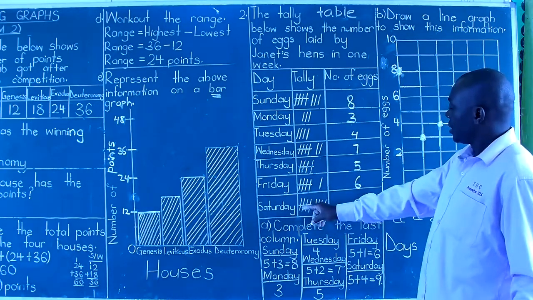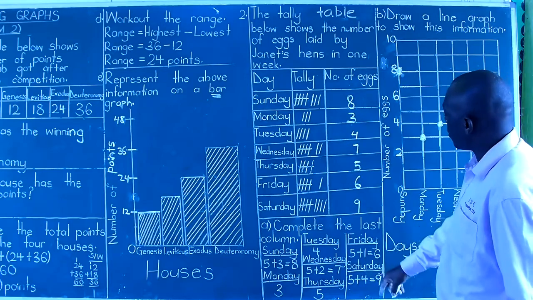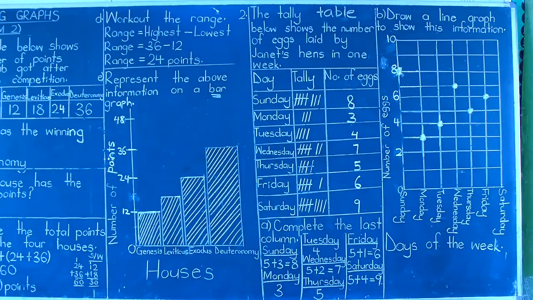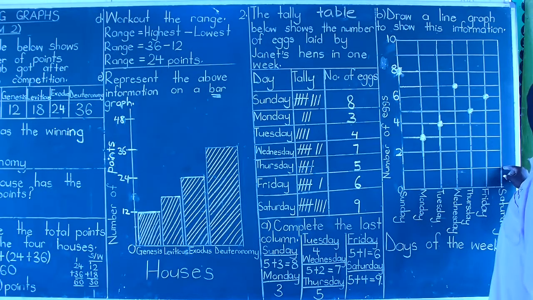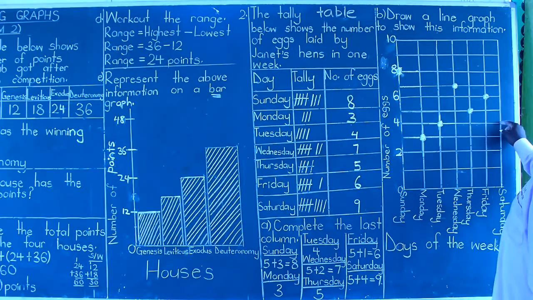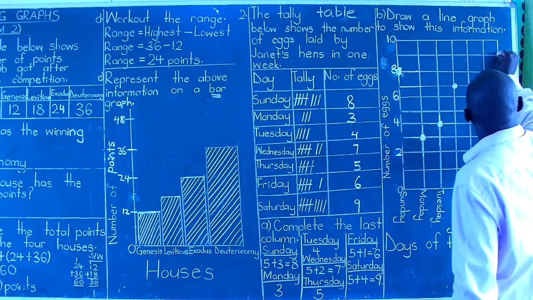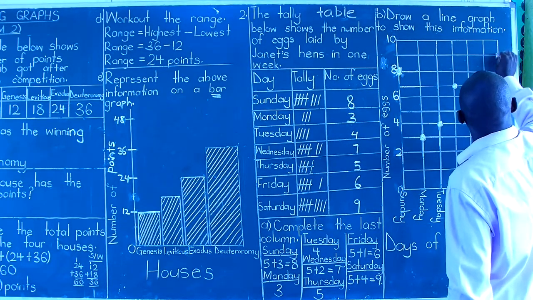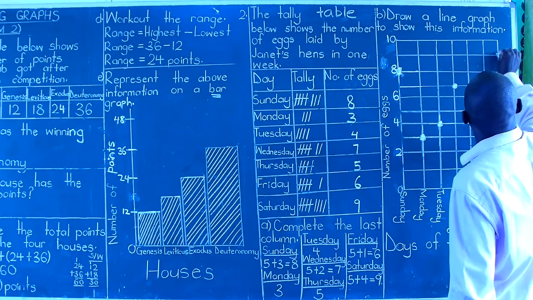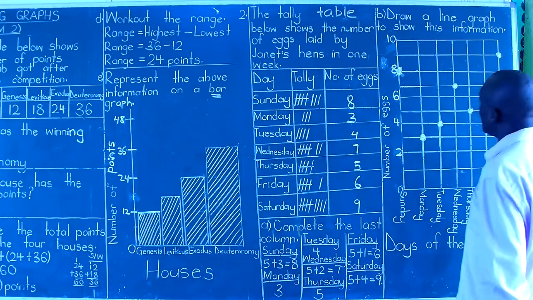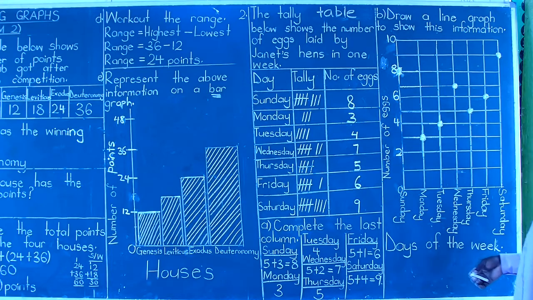We've got these 5 plus 4, which is 9. 9 eggs were laid on that last day of the week, Saturday. 1, 2, 3, 4, 5, 6, 7, 8, 9. So 9 eggs. So here you have plotted, but you are yet to draw.